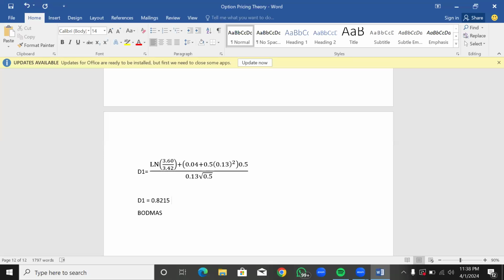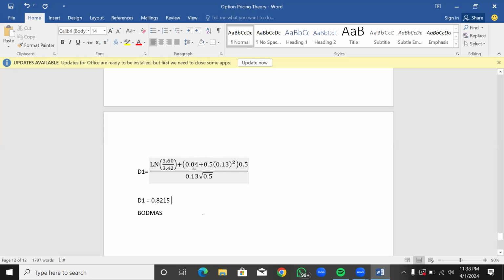I said do 0.13 squared first. Are you with your calculator? Yes, sir. Do 0.13 squared first. After you've done it, multiply 0.0169 by this 0.5. Yes, I got 8.45 raised to the power of whatever.